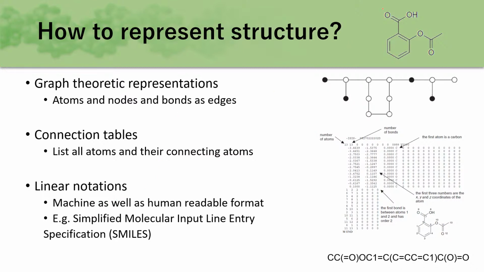So now here we have a certain molecule. Can someone identify what molecule this is on the top right corner? Does anyone know what kind of molecule this is? Anybody? Acetic anhydride.